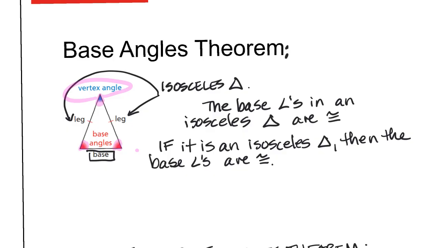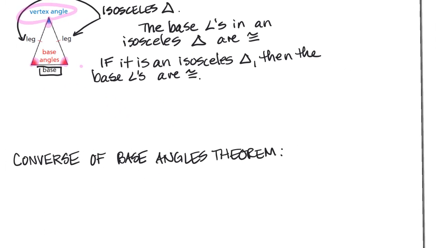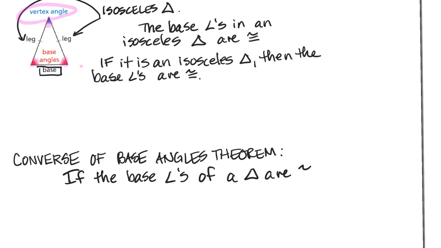And then obviously the converse of that is when we switch the if and the then part. So if the base angles of a triangle are congruent, then it is an isosceles triangle.